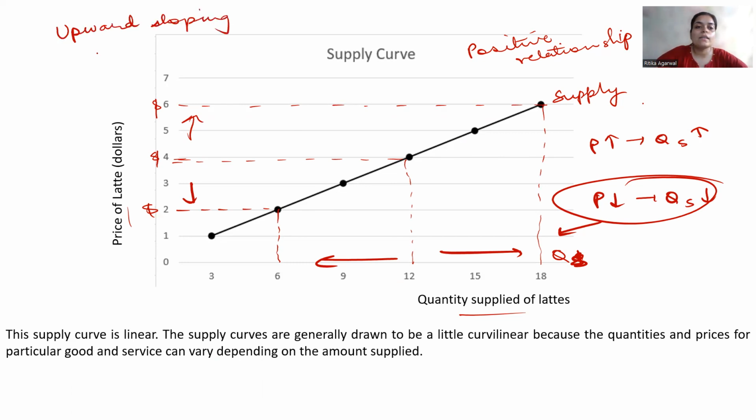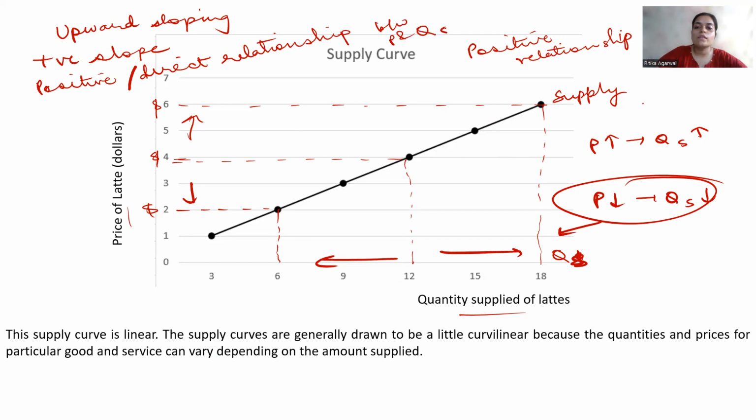It has a positive slope, plus it depicts a positive or direct relationship between price and quantity supplied. I hope this is clear.